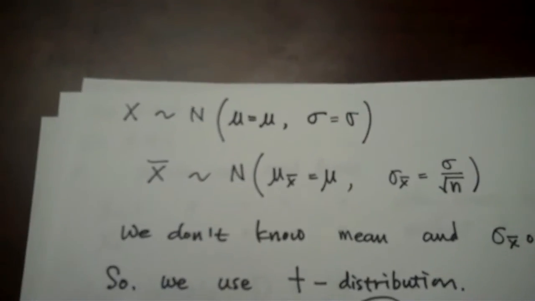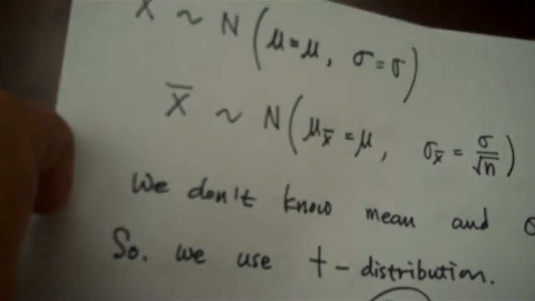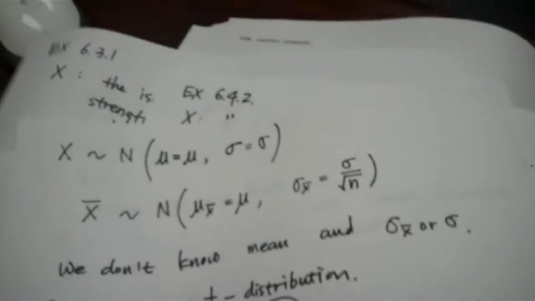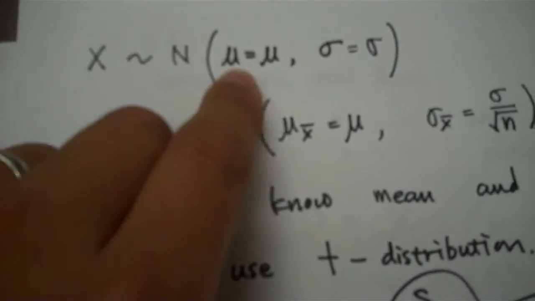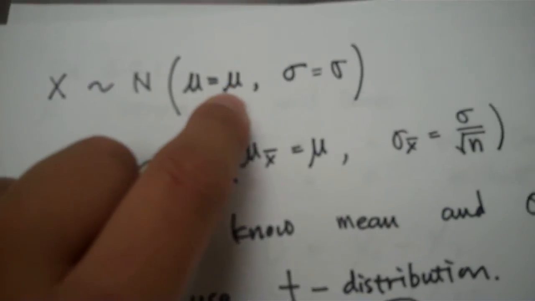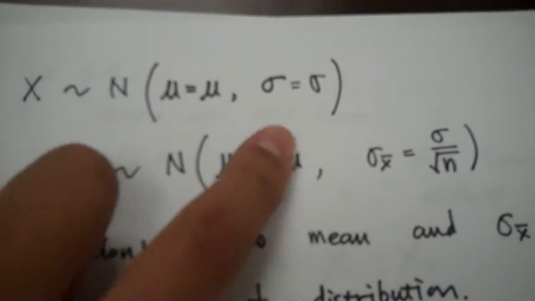So X is normally distributed, with mean mu, which we are trying to estimate, and a standard deviation sigma.